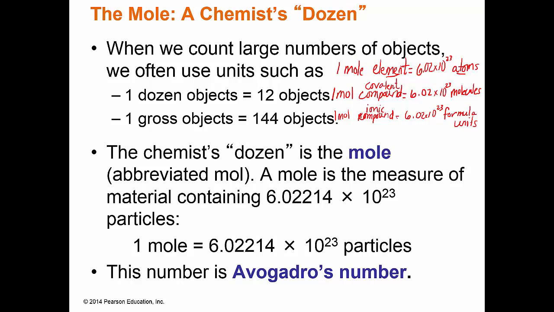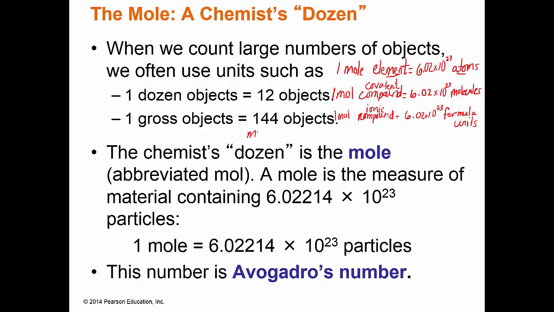Well, we can do the same thing with dozens. I can have a dozen roses, I can have a dozen eggs, I can have a dozen donuts. You know that a dozen is 12. So same thing with a mole. Okay, vocab that also comes different. If you have a molecule, we can break it down further.